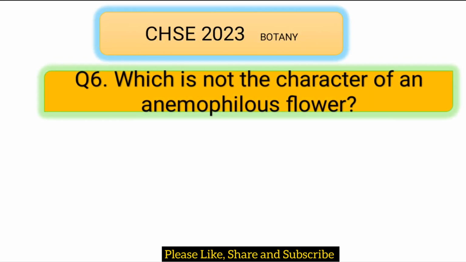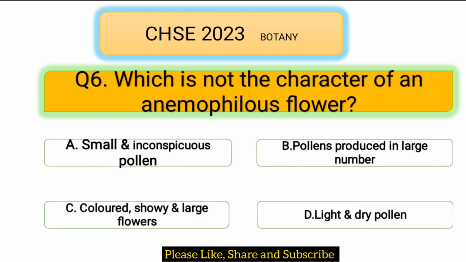The sixth question was, which is not the character of an anemophilous flower? The options were small and inconspicuous, pollens produced in large number, light and dry pollen, then colored, showy and large flowers. You know what anemophilous flowers are?